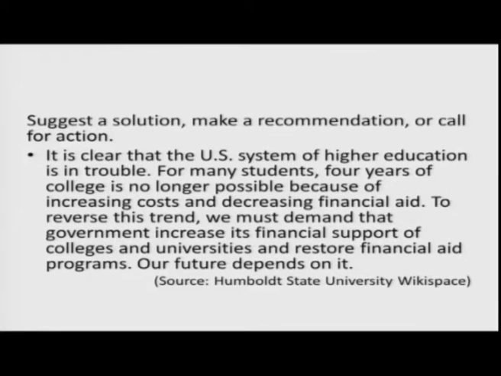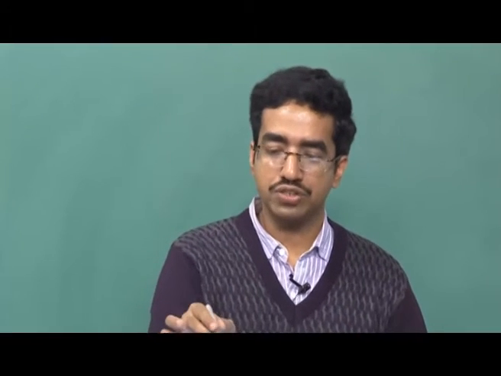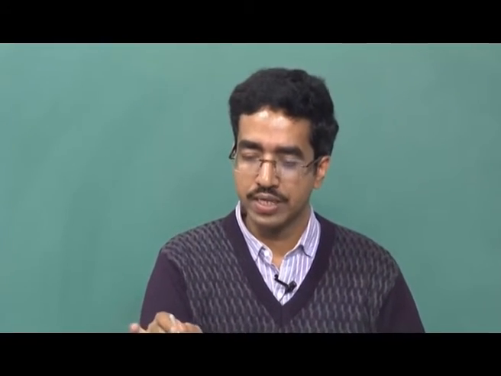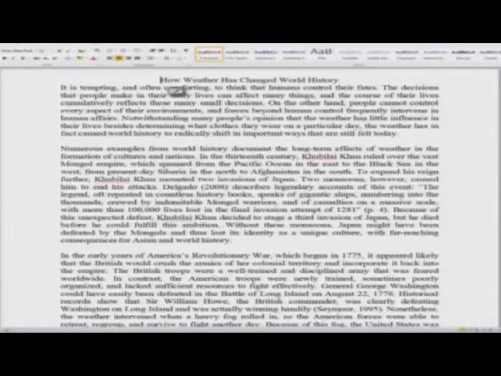Now, let us go back to our text on how weather has influenced history and look at its concluding paragraph. Just a quick recap. The introductory paragraph here talks about how the weather has caused world history to radically shift.